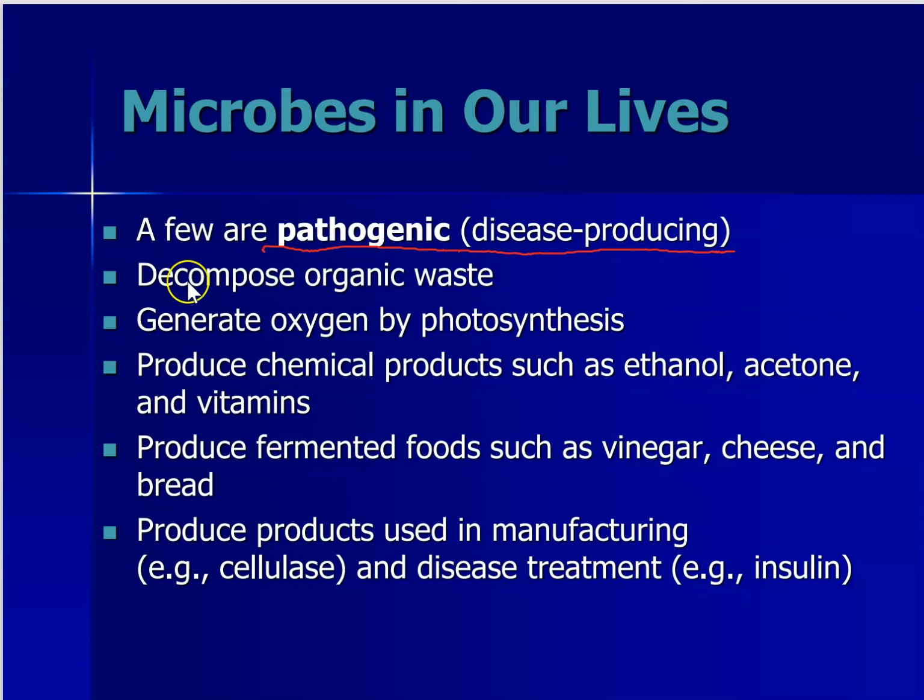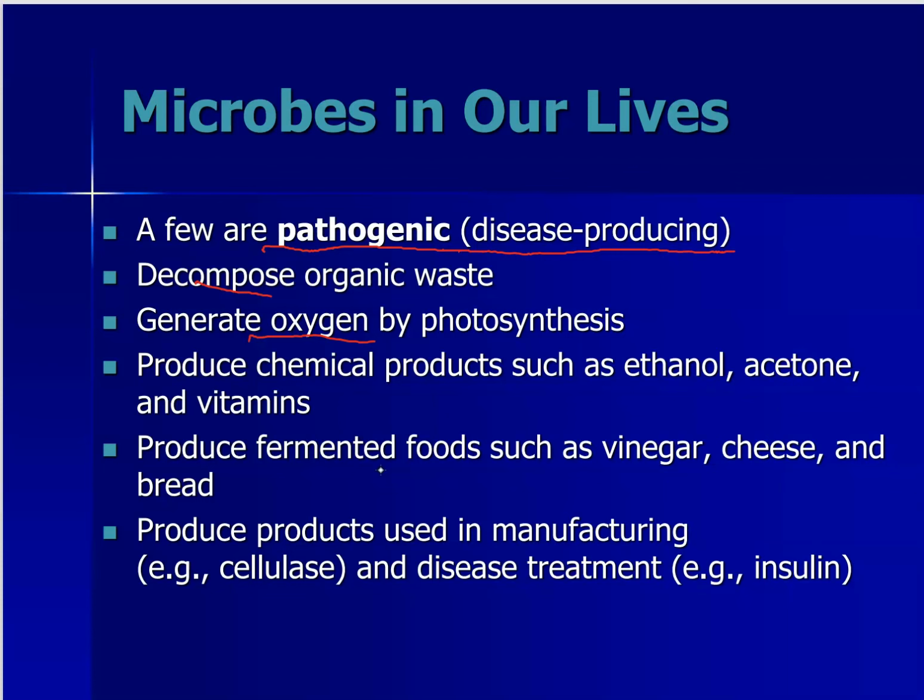For example, they can decompose organic waste, they can generate oxygen, and they can produce a variety of chemical products. They can ferment foods, which we usually like. Everybody likes bread and cheese. They also make beer and wine. So there's a lot of good things that microbes will do for you.